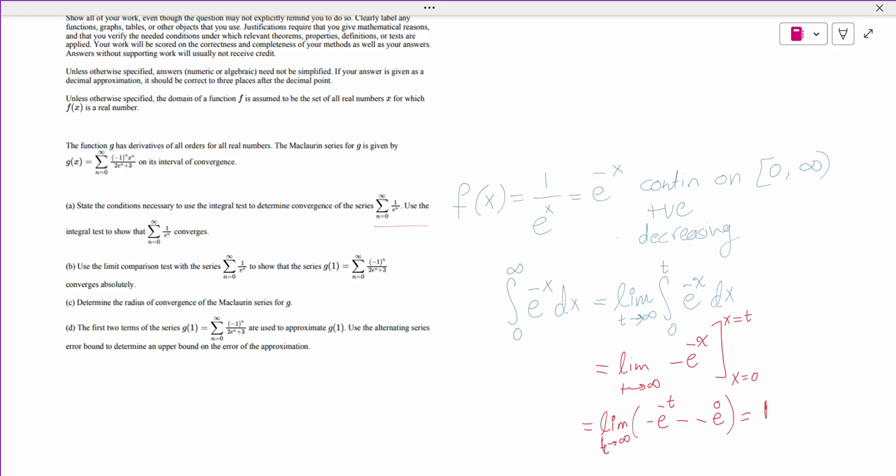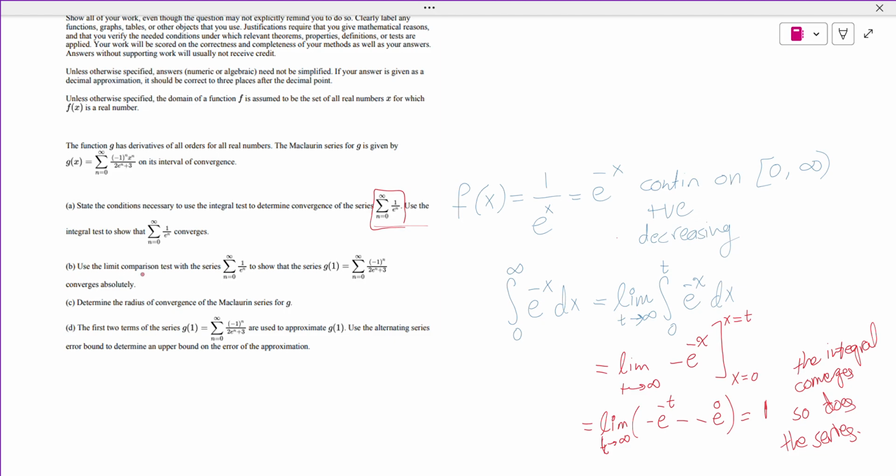So the integral converges, and so does the series, right? Which series? This one. So it converges by the integral test. Understood? Yes.